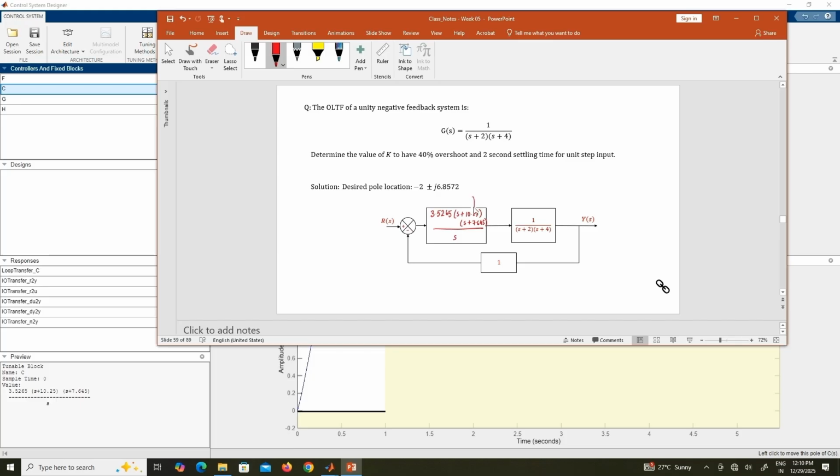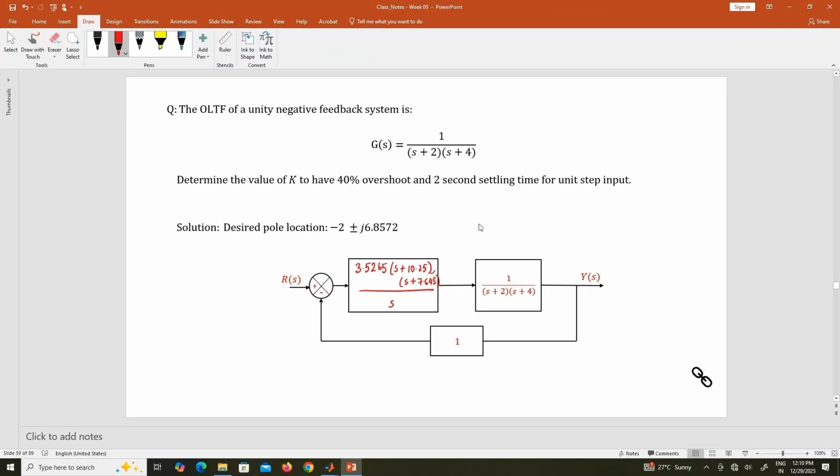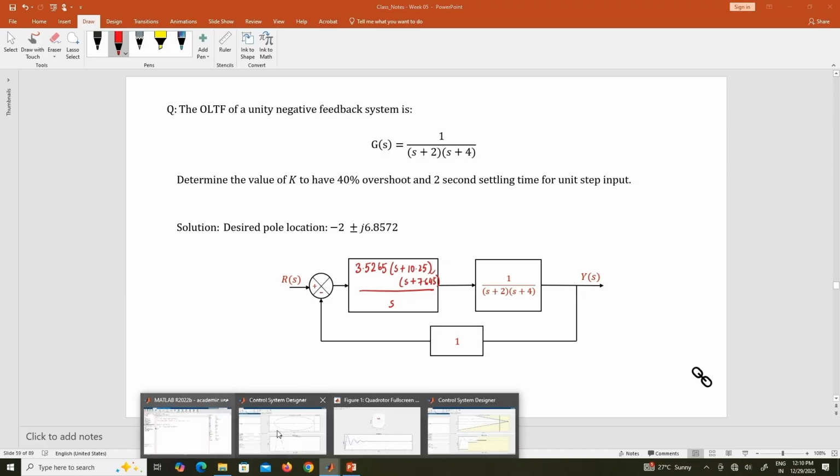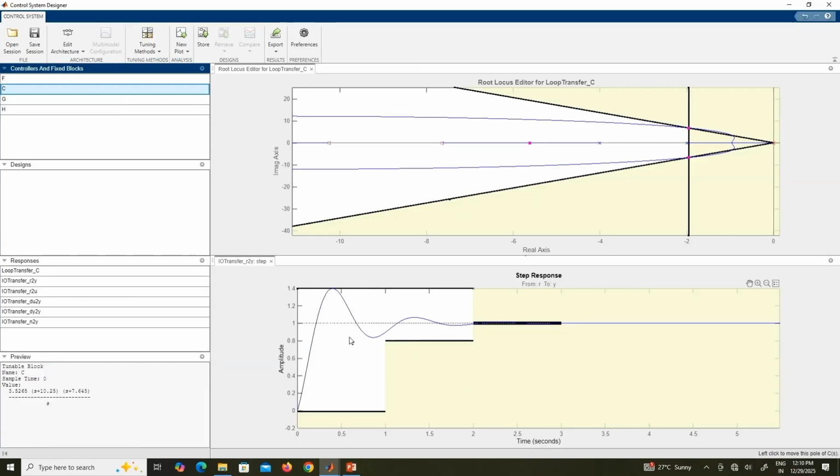And you see, these are the 2 zeros that we have introduced. And at the end we corrected the k value, so that we get our responses as we wish. So, this actually solves our problem. Okay. We get the exact step response that we wanted.